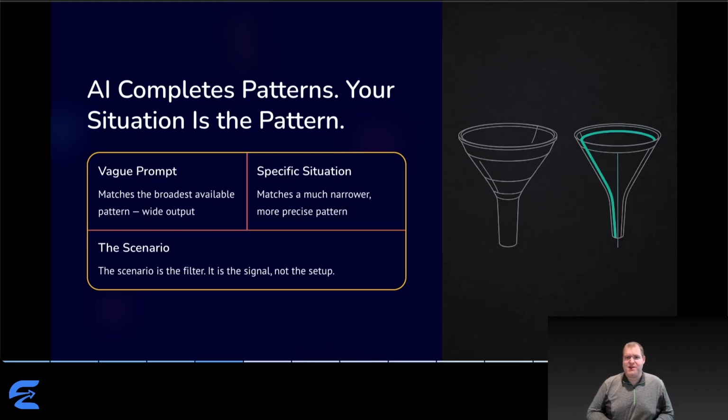A prompt that describes a specific situation matches a much narrower slice of that pattern space. The output is precise because the input eliminated everything that didn't fit. The scenario isn't extra information you add to be thorough. The scenario is the filter, the signal that tells the model which patterns are relevant and which ones to leave behind. That distinction is the entire mechanism.